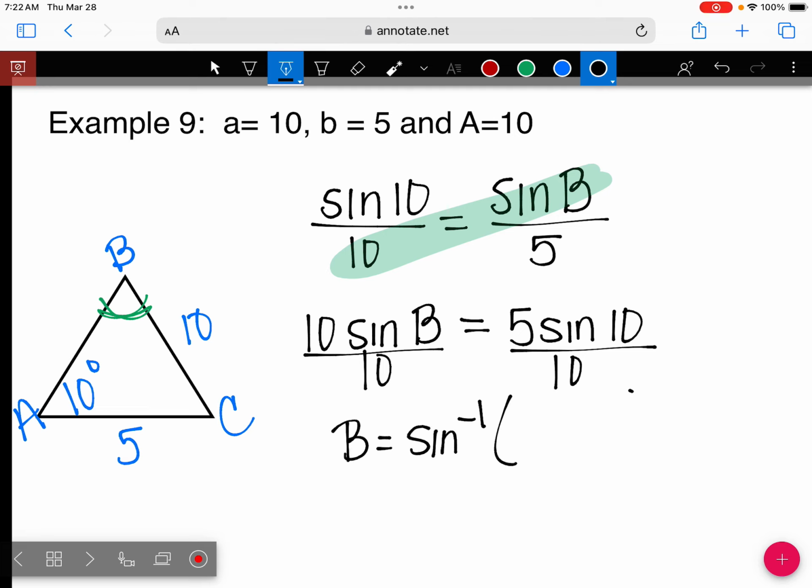So angle B, you should have the inverse sine of, and then this fraction, 5 sine 10 over 10.